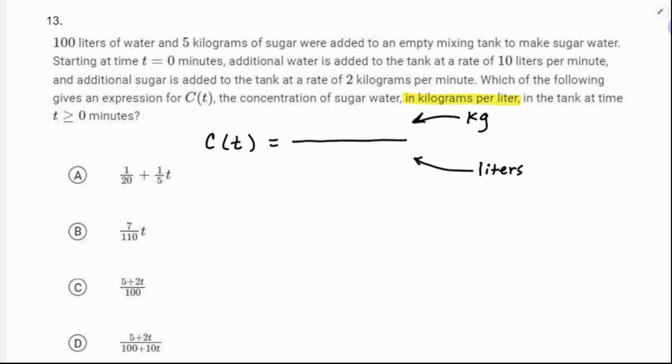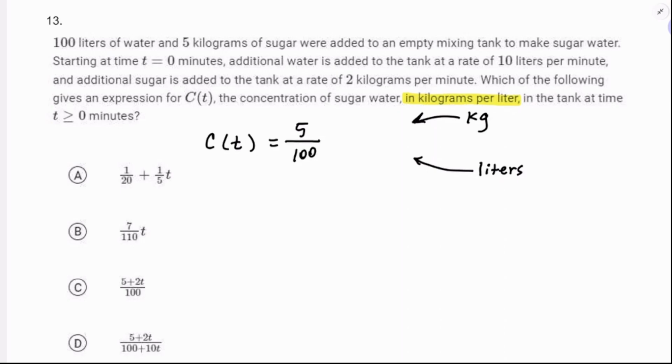Now, 100 liters of water and 5 kilograms of sugar, okay, 5 over 100, were added to, so we need to probably add that to something to make sugar water. Additional water is added 10 liters per minute, and additional sugar is added, I assume simultaneously, at a rate of 2 kilograms per minute.